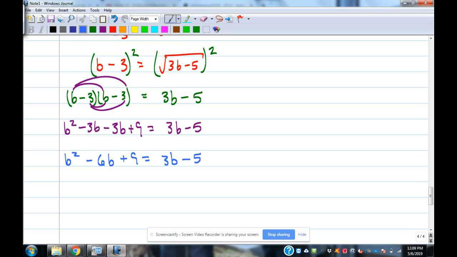What do you do next? Get it equal to what? Get it equal to 0. I'm going to move the 3b by subtraction and the 5 by addition. It's going to be b squared minus 9b plus 14 equals 0.